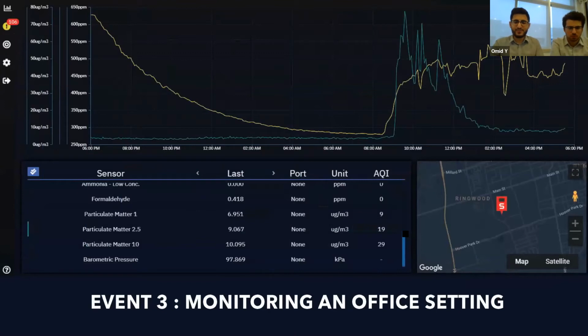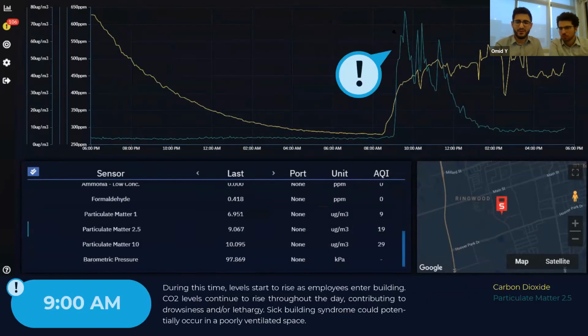This event 3 corresponds to the device being in our office. This is actually data taken over 1 day. And here is about 9 a.m., where all the employees enter the building. You can see the CO2 levels start rising as employees come in.